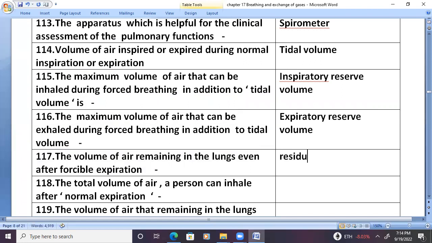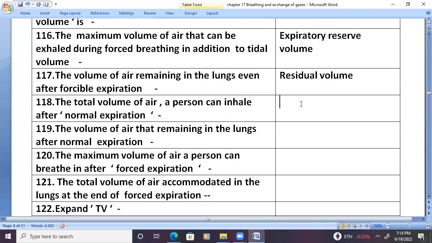The volume of air remaining in the lungs even after forcible expiration is residual volume. The total volume of air a person can inhale after normal expiration is inspiration capacity.